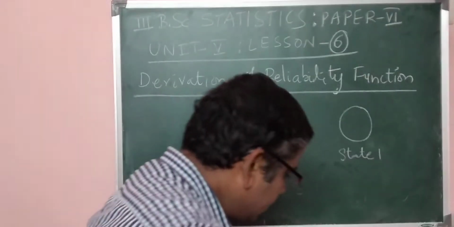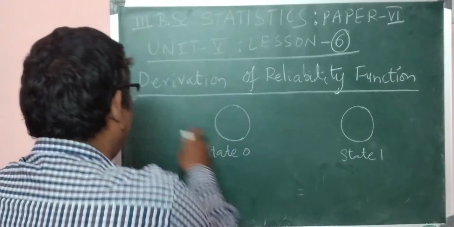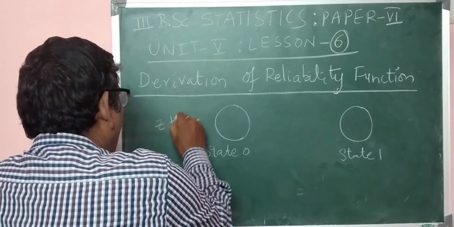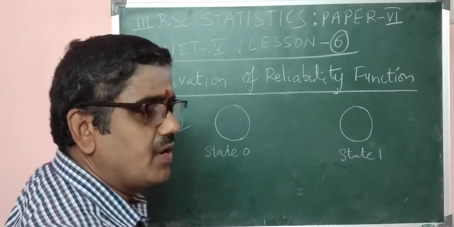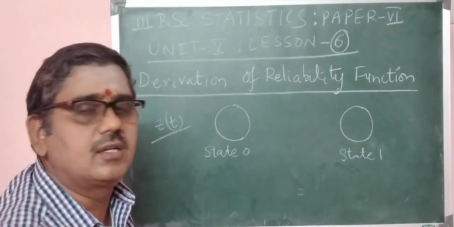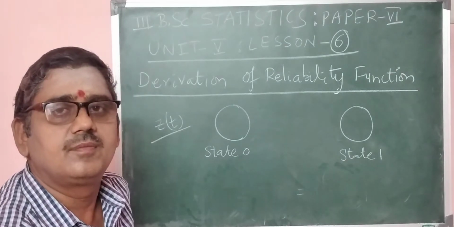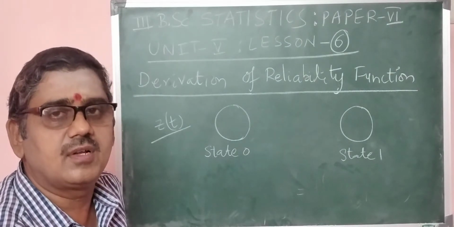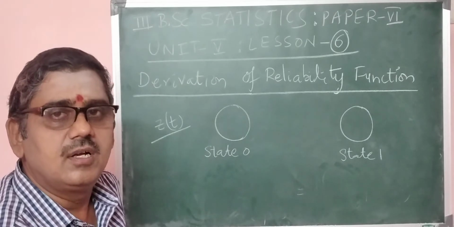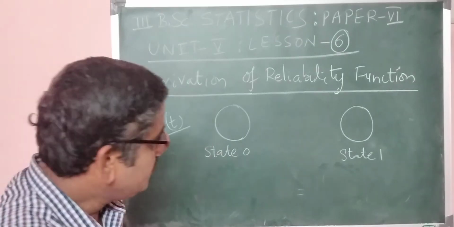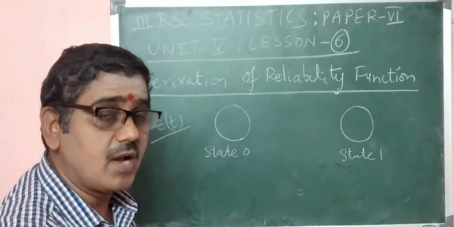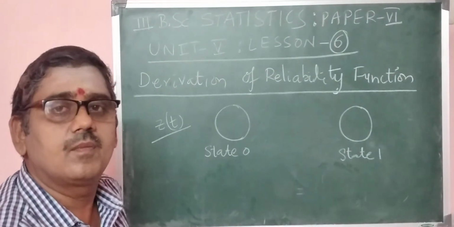Now we are considering the hazard function z of t. We have learned in the previous lessons, z of t is nothing but hazard function. That is failure rate, hazard rate, the failure rate at the time period t.